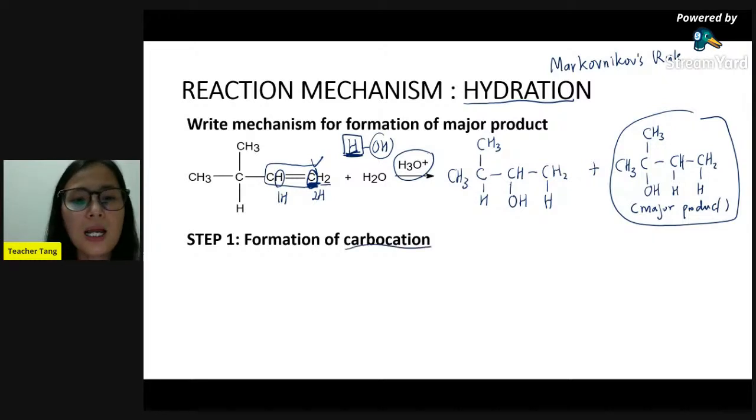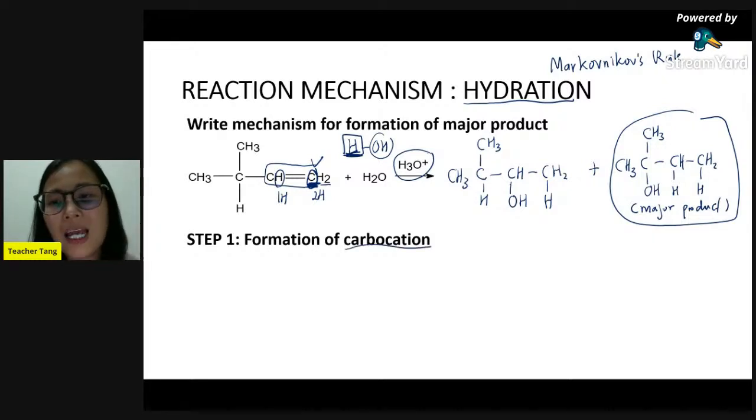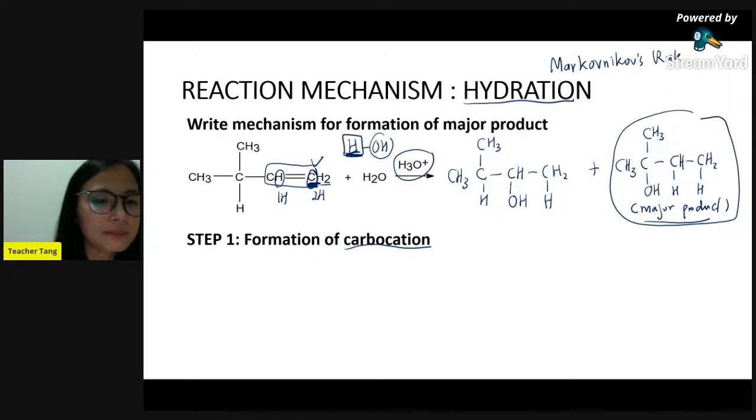After first step, after form the carbocation ion, rearrangement boleh berlaku to form more stable carbocation ion. Kalau dapat more stable carbocation ion, the product dari the carbocation ion yang lebih stabil will be the major products. Okay, so shall we look at the mechanism?